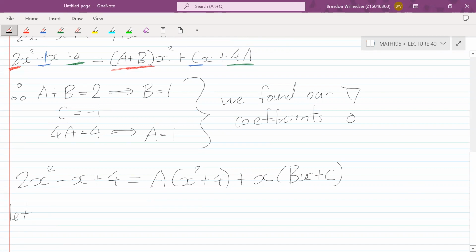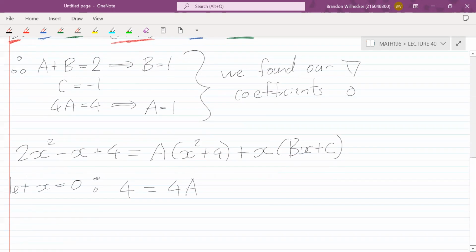If we let x be equal to 0, then we get the equation 4 equals 4A. If we just substitute x equals 0. If we let x be equal to 1, then we get 5 equals 5A + B + C, because we already know what the value of A is.